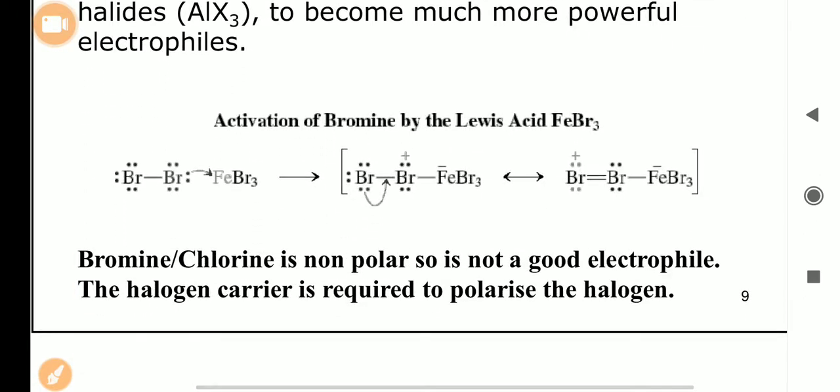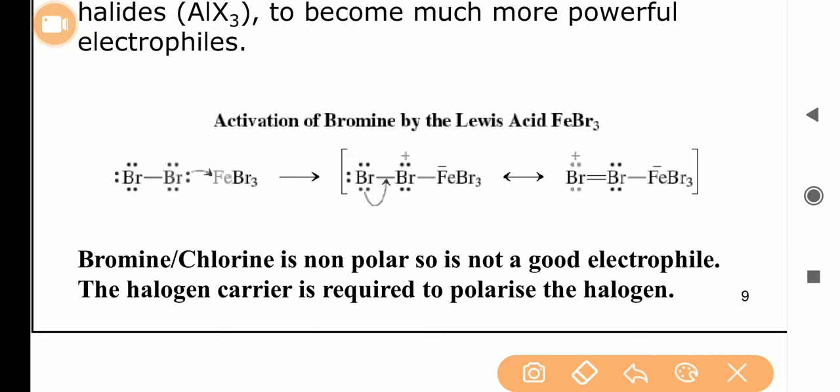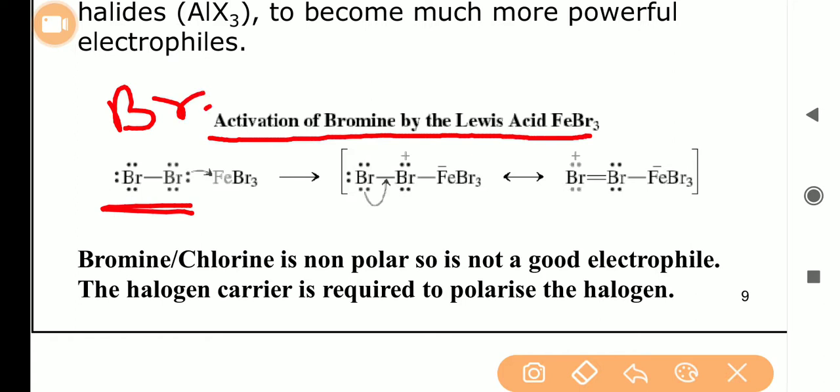Here is the activation of bromine. How does it take place? Activation of bromine by the Lewis acid FeBr3. This is the molecule of bromine, Br2, Br single bond Br.